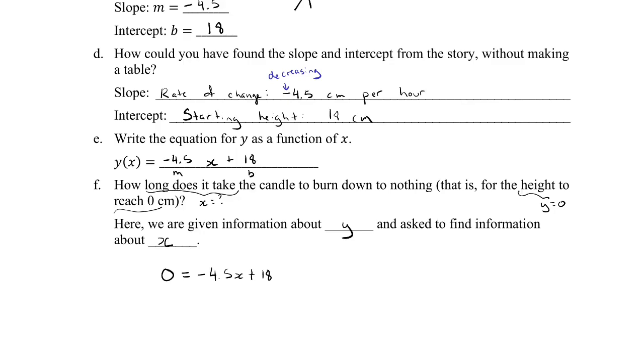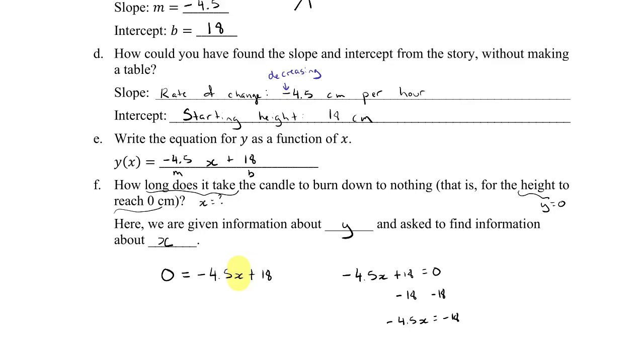And now we have a two-step equation. Notice x is not by itself on one side. We'll need to do algebra. I'm going to start by writing this with the x on the left. So negative 4.5x plus 18 equals 0. We'll subtract 18 on both sides and have negative 4.5x equals negative 18.